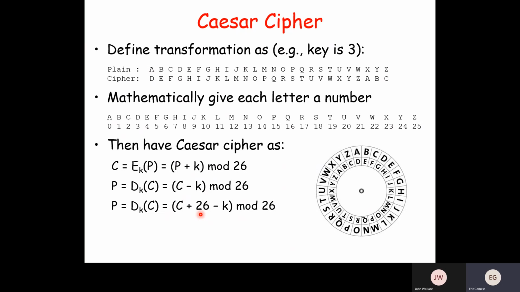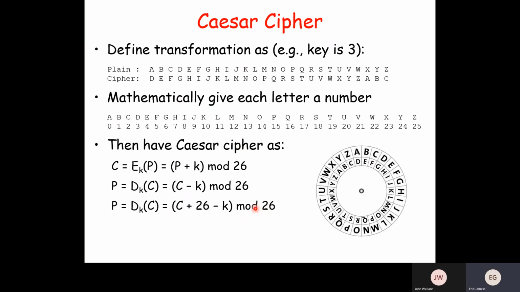Isn't it? 42 minus 3 will be 39. 39 modulus 26 will be what? 12, isn't it? So you look at the 12.